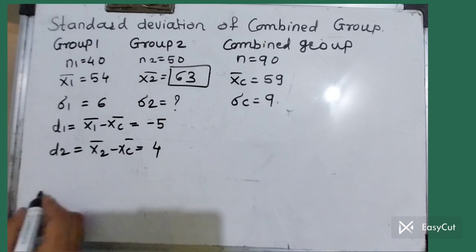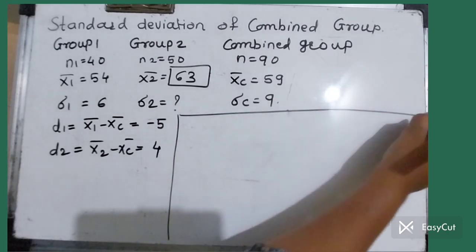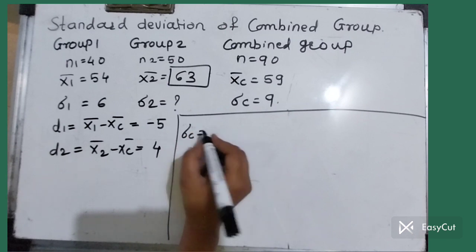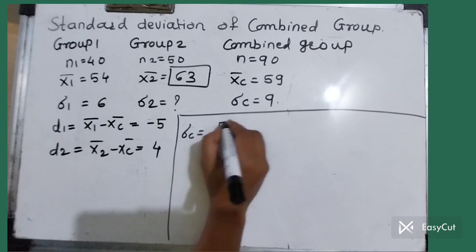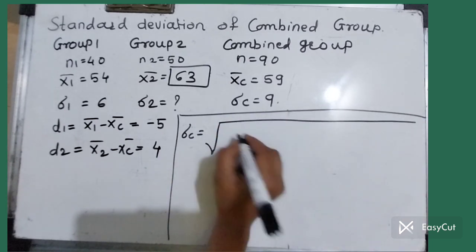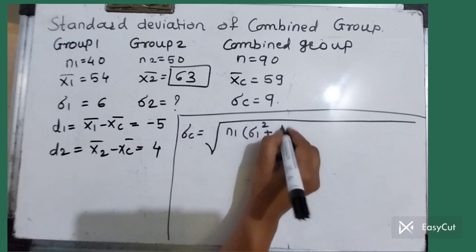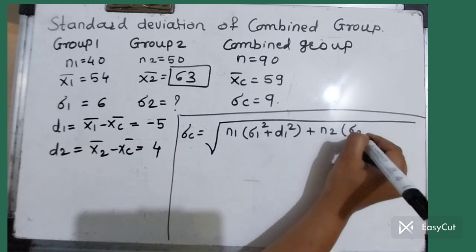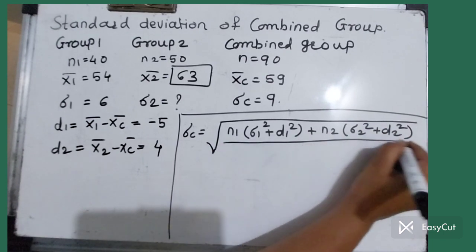Okay. Now apply the formula for the standard deviation of the combined group. I write here, sigma C equal to under root N1 into sigma 1 square plus D1 square, plus N2 into bracket sigma 2 square plus D2 square, upon N1 plus N2.